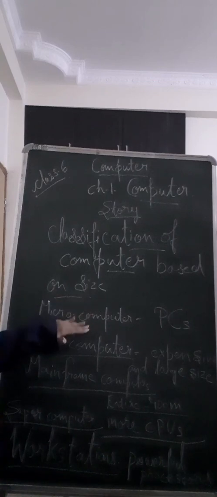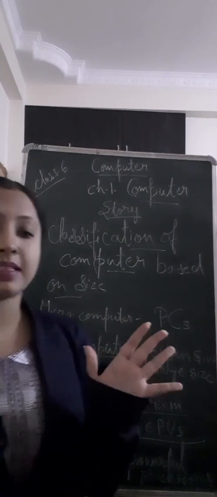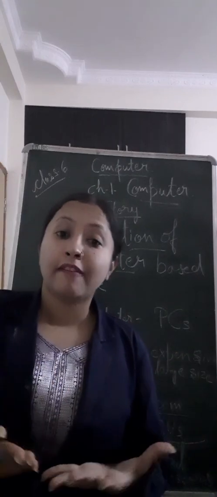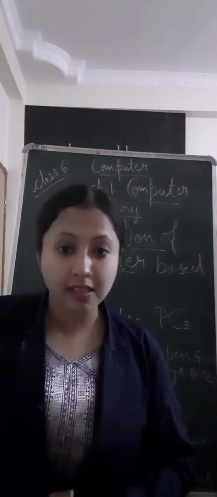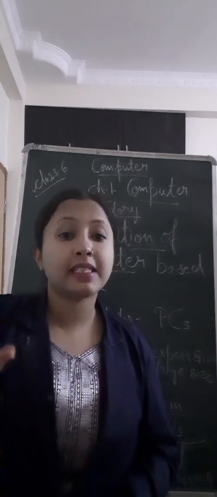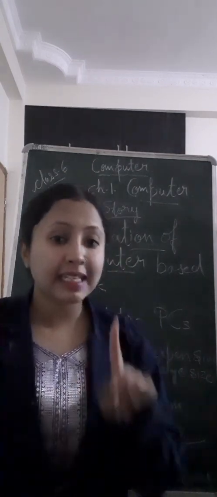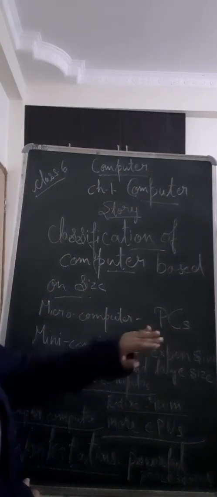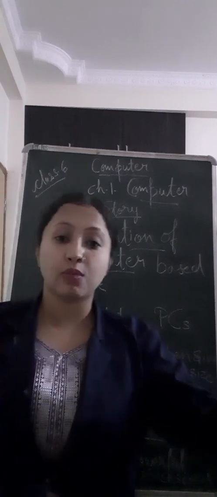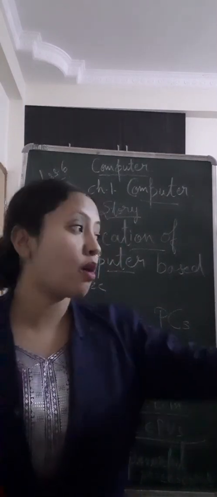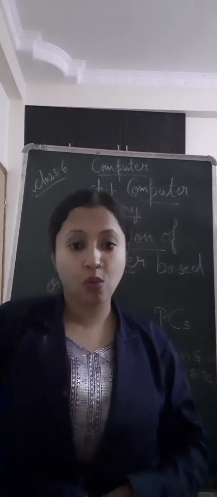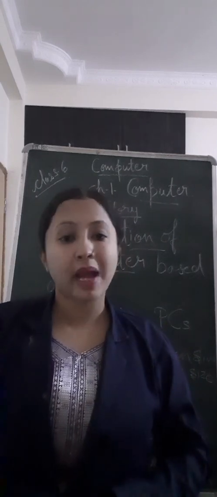Now children, microcomputers are actually small size computers, and if we speak about microcomputers, we have the simple desktop systems at our home, or you would be seeing the desktop systems in your computer labs. So those are your microcomputers. The simple PCs or personal computers which we have in our home, in our office, in our school labs, those are the microcomputers.